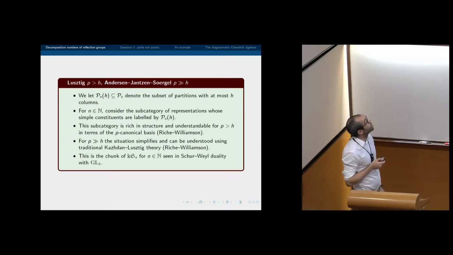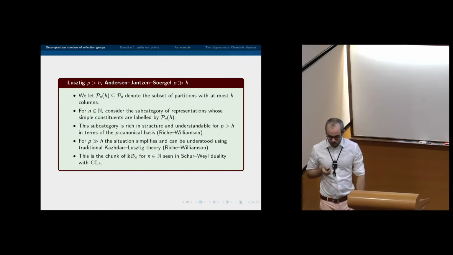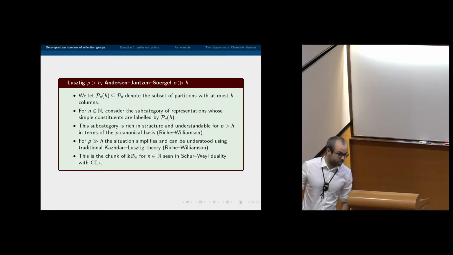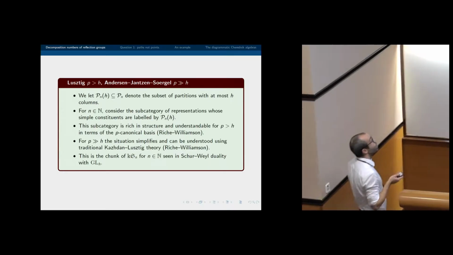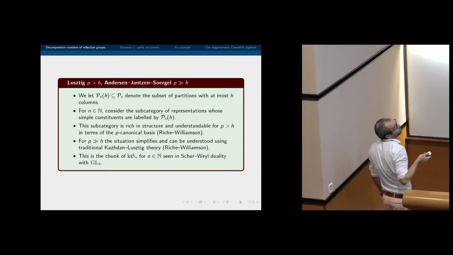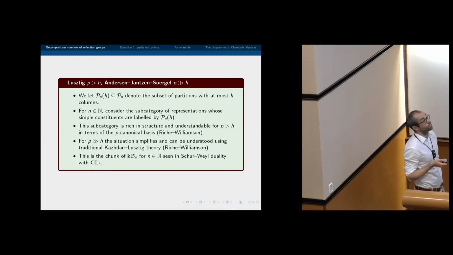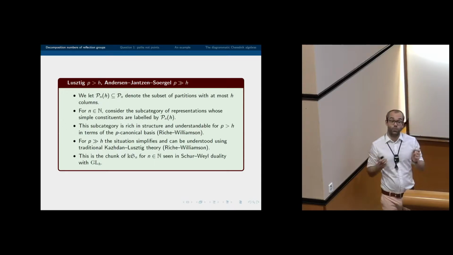And if you didn't like any of the words I used, like subcategory, since we've been talking about Schur-Weyl duality anyway, you might as well just say I'm interested in the chunk of Sn which I see in classical Schur-Weyl duality with the general linear group of h by h matrices.